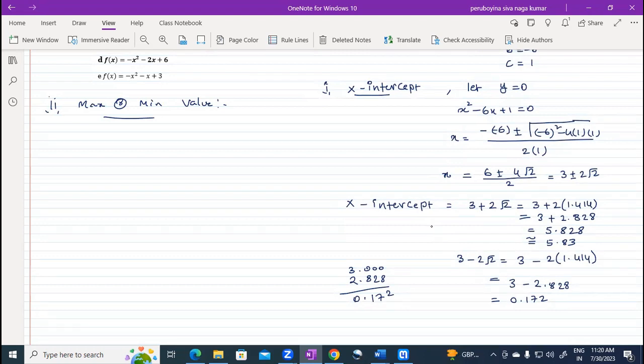The turning point is also the same, or you can also say vertex. And value means only y. The formula is 4ac minus b square by 4a.